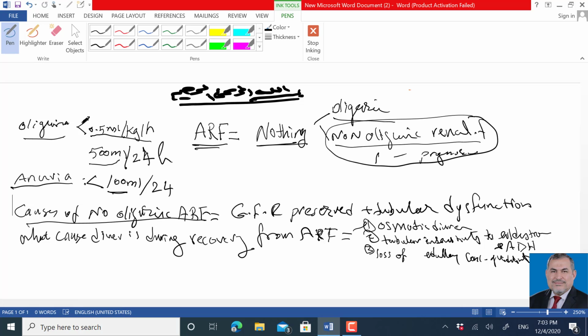How do we compare urea clearance with creatinine clearance? Okay. Urea clearance is approximately 2/3 of creatinine clearance.